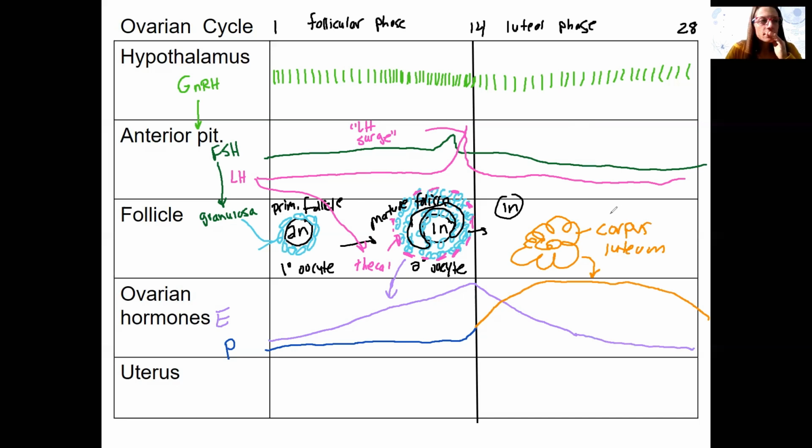Last thing for this slide here is the uterine cycle. So what's happening in the uterus? In the uterus, we have various phases. Basically, we have proliferation, and we've got menses. So day one of your ovarian cycle is when you start menstruating.